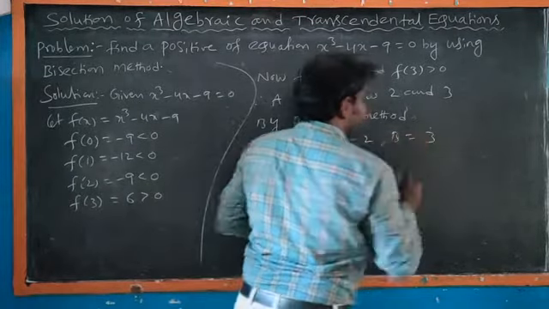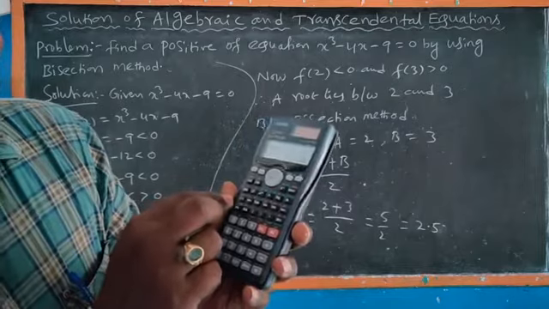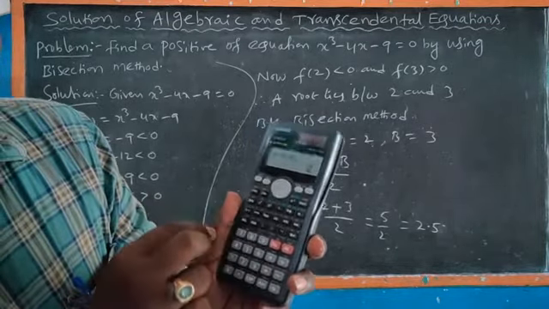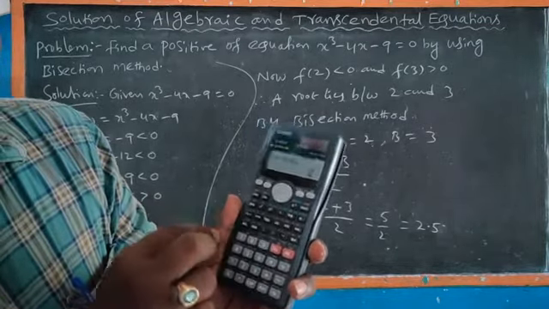Here we have to type this formula in the calculator also. See here. Press the AC button. Next, alpha x, alpha, this calculator button is equal to. Open bracket, alpha A, the pink letter A, plus alpha B, then close it, divided by 2. This is the formula of the bisection method: x equal to (a plus b) by 2.